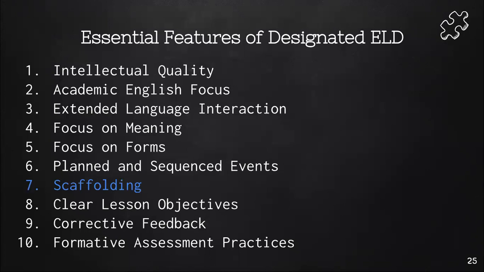That the focus is on academic English rather than social English for the main part, and that they have a lot of opportunities to interact with language, both taking it in and talking, focusing on meaning so that they understand that when I'm reading or when I'm listening, the whole purpose for that is so that I understand. And when I'm writing or when I'm speaking, I'm trying to make myself understood.